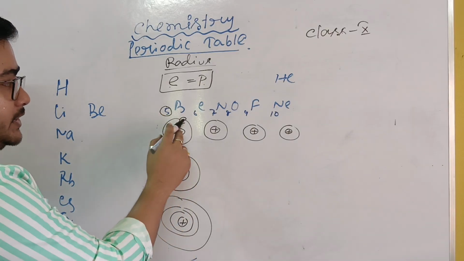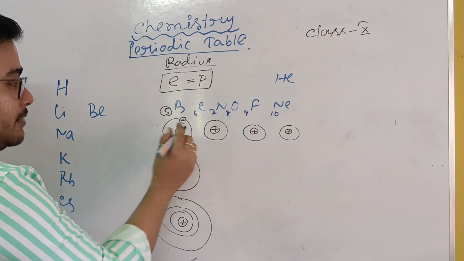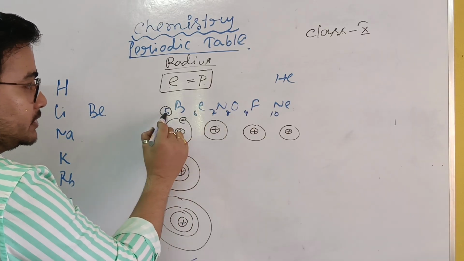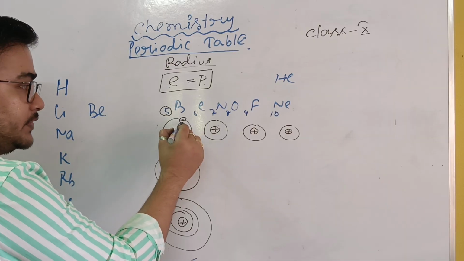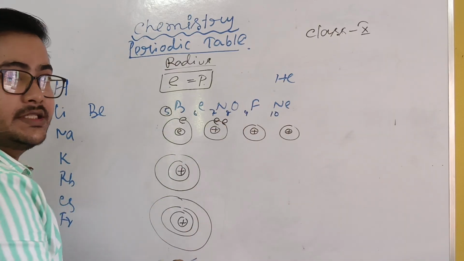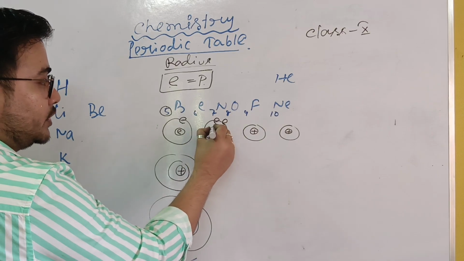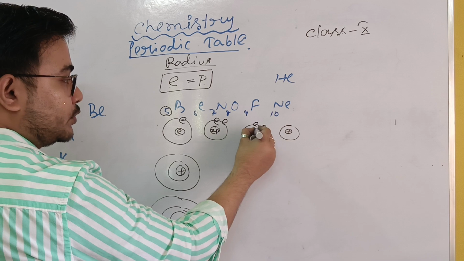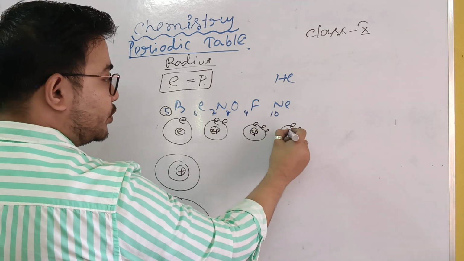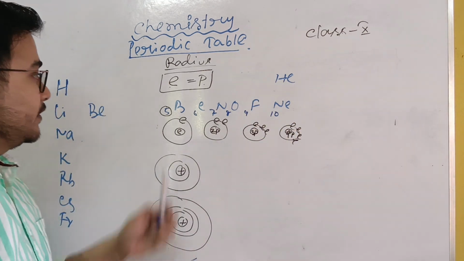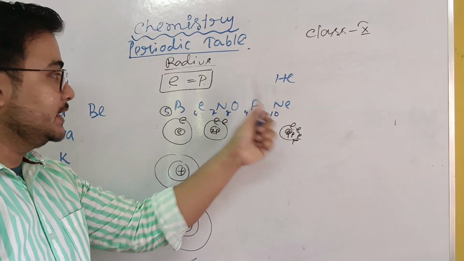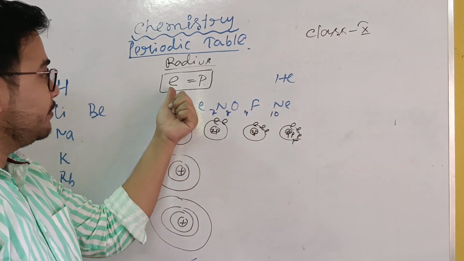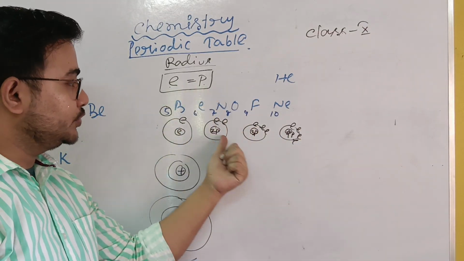Since the number of electrons here is 1, the number of protons is 1. In the next element, there are 2 electrons, so obviously 2 protons. Then electrons 3, protons 3; electrons 4, protons 4. It increases by 1 in each case.